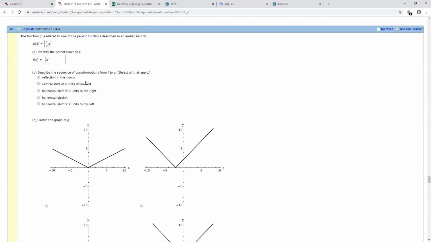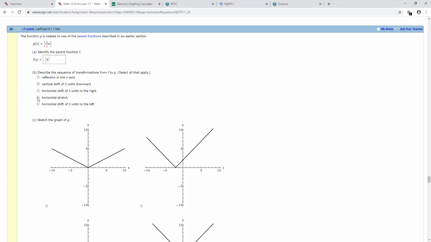No. Is it a horizontal or vertical shift, or is it a dilation, and what kind? Vertical, stretched closer to the x-axis, further away from the x-axis, or to the y-axis? It's a horizontal stretch. Yeah.